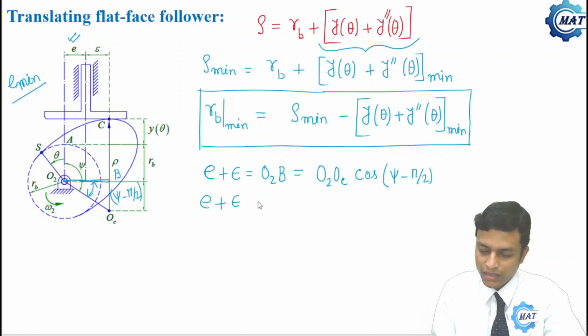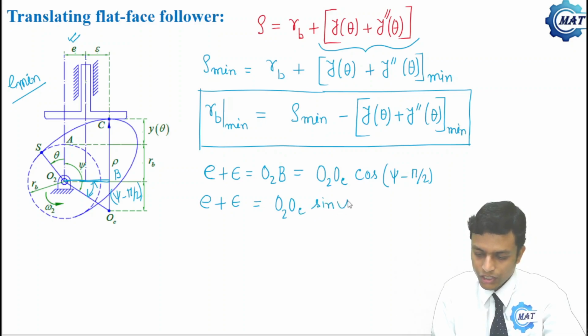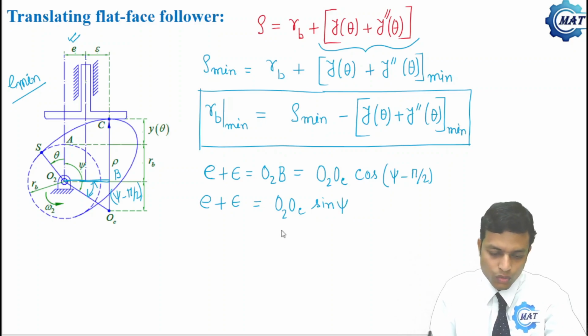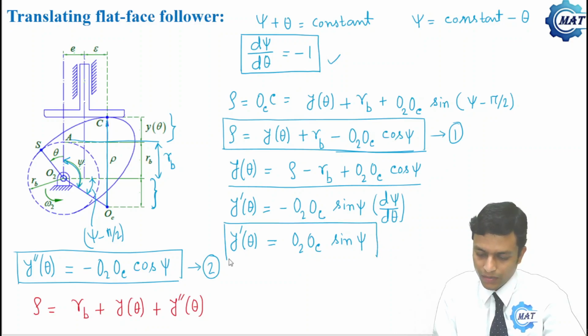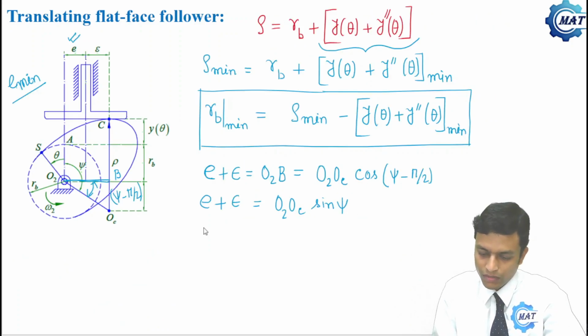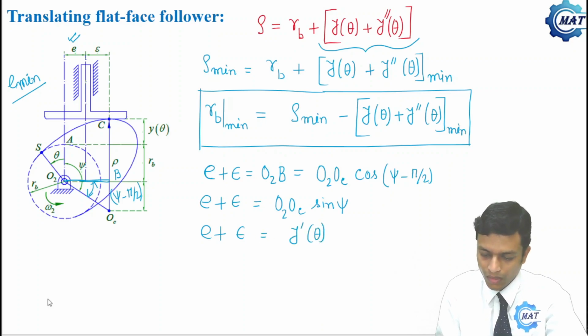So E plus epsilon is O2 OC sin psi. Now what is O2 OC sin psi? Let us come to here. We get that O2 OC sin psi is y prime theta from this equation. So from this equation we get E plus epsilon is y prime theta.